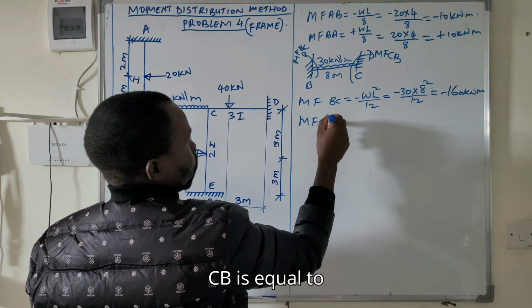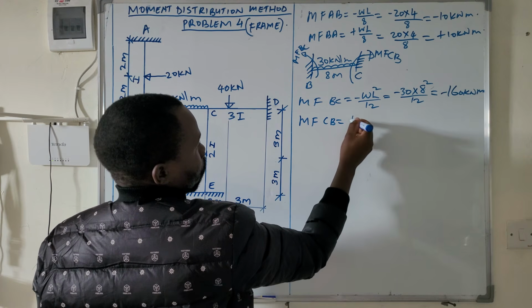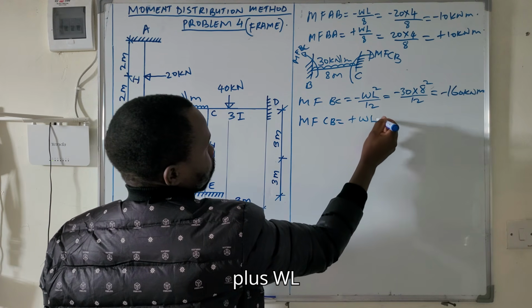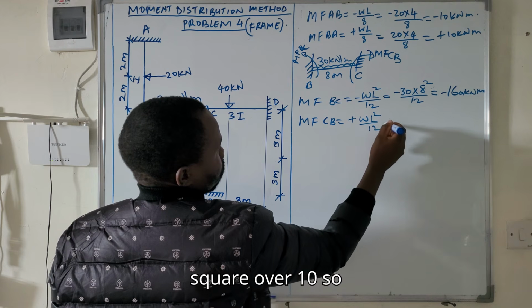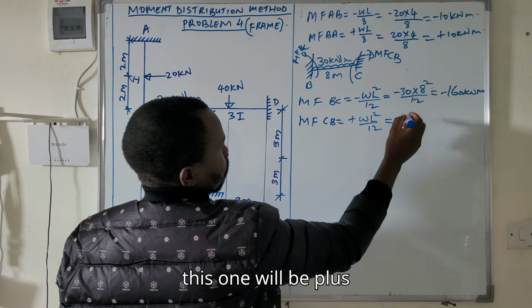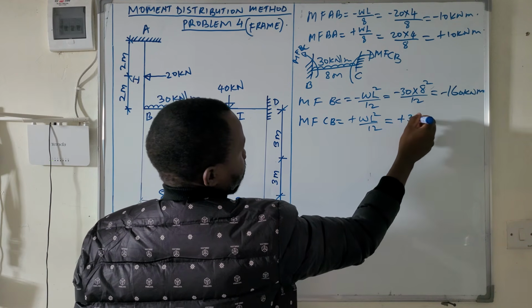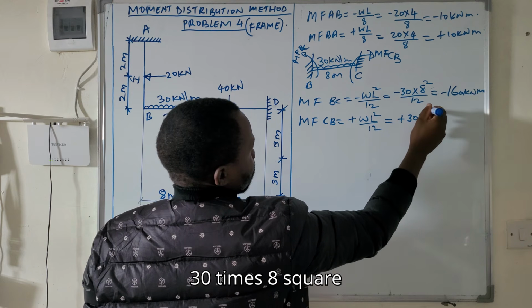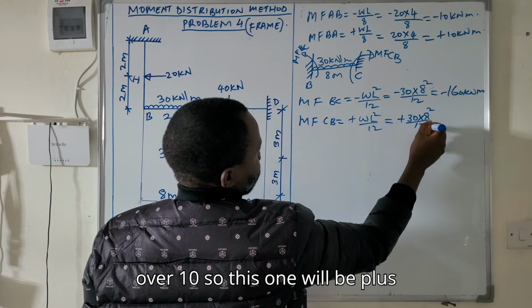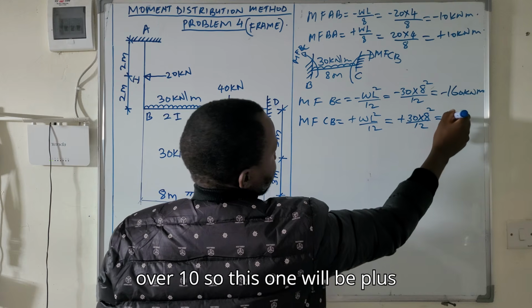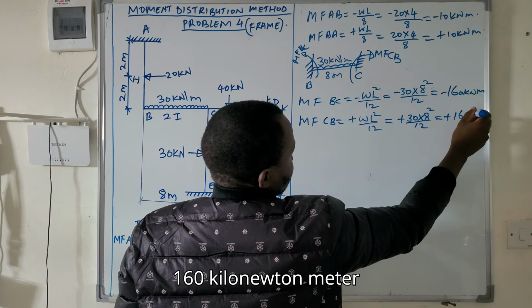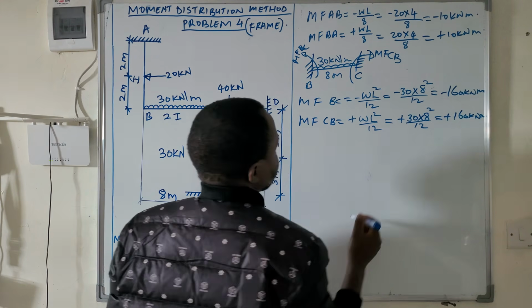MFCB is equal to plus WL square over 12. So this one will be plus 30 times 8 square over 12. So this one will be plus 160 kilonewton meter.